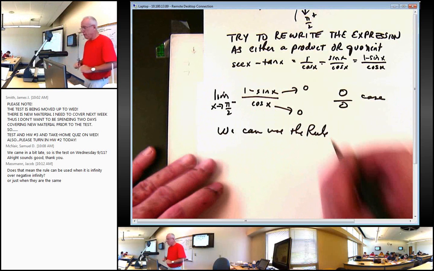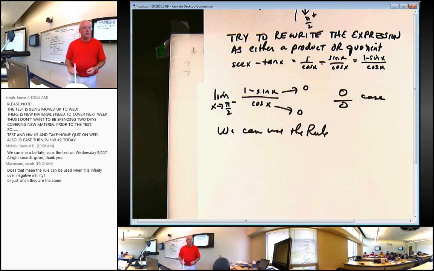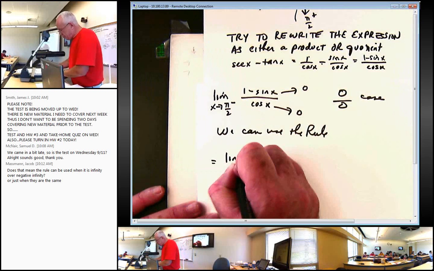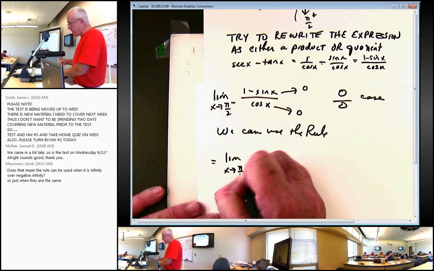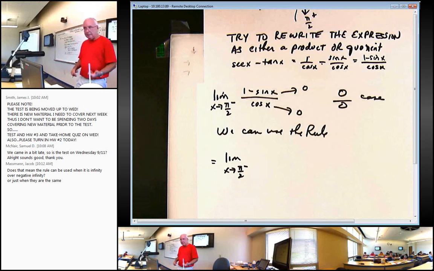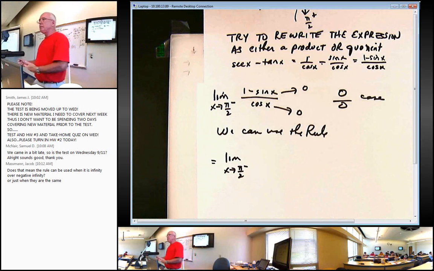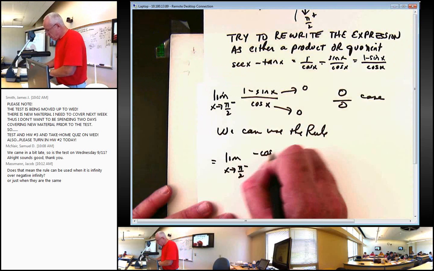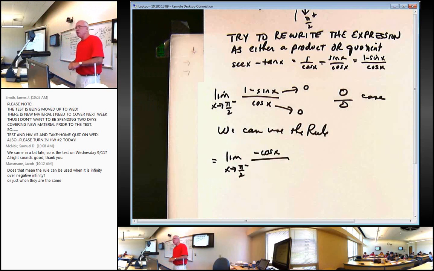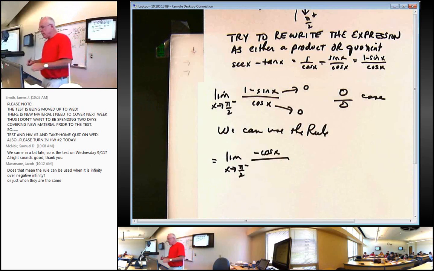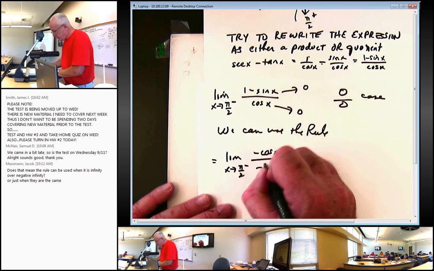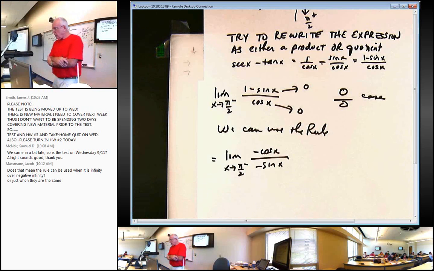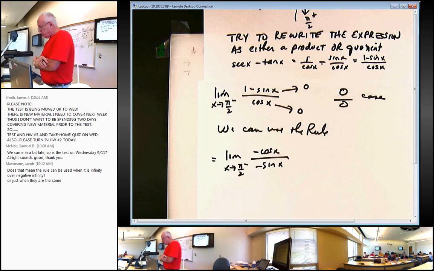Okay, so let's do the derivatives then. This is the limit as x approaches pi over 2 from the minus side. The derivative of 1 is 0. The derivative of the minus sine is the minus cosine. And then the derivative of the cosine is the negative sine. Okay, let's see what we have here now.